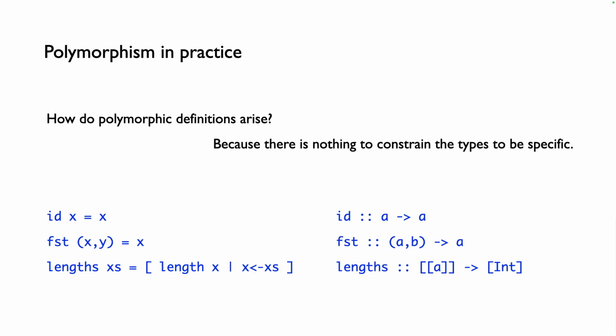So we take a list of lists and we return a list of integers. And that's how polymorphism arises. So we'll go back to this in more detail later in the course, but for the moment, the crucial message is the one that you see here. A definition is going to be as polymorphic as it possibly can be, because there's no reason for it not to be in those particular examples.